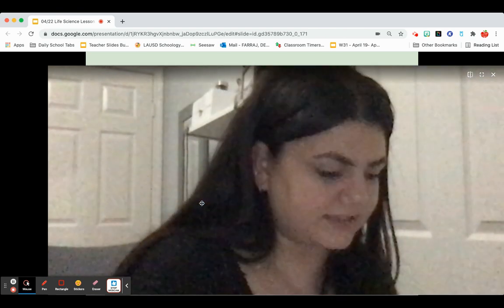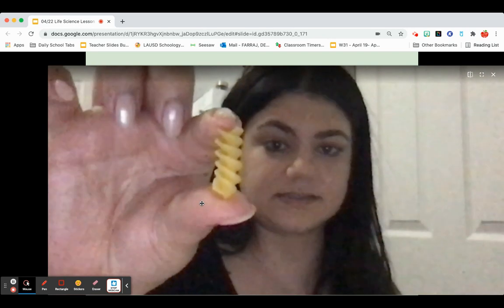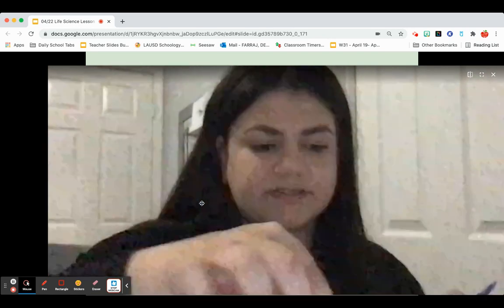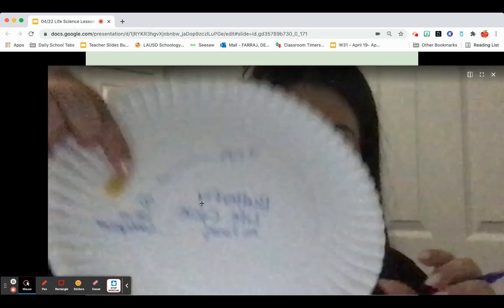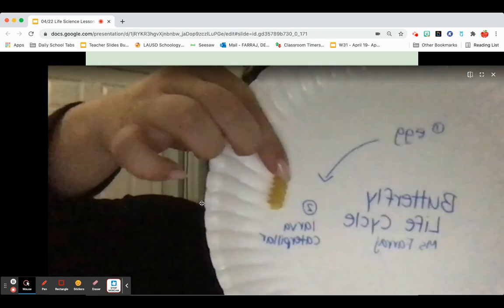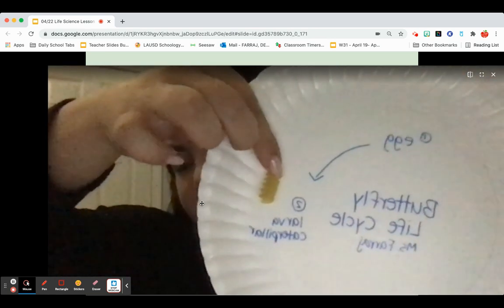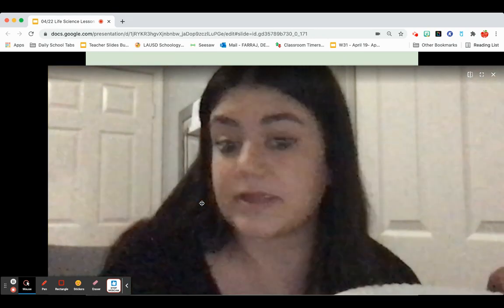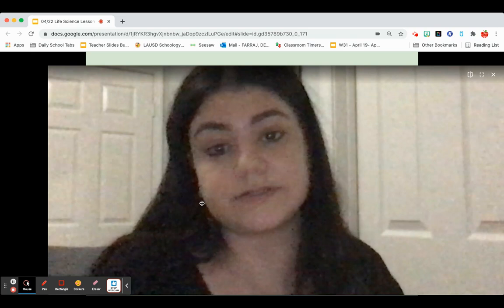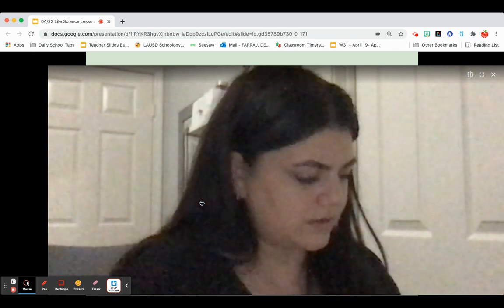If you have a pasta that looks like this, it is a perfect representation of your caterpillar. So again, if you have that, wonderful. If you don't, you can draw it or be creative. You might have some other materials that you can use in the classroom.